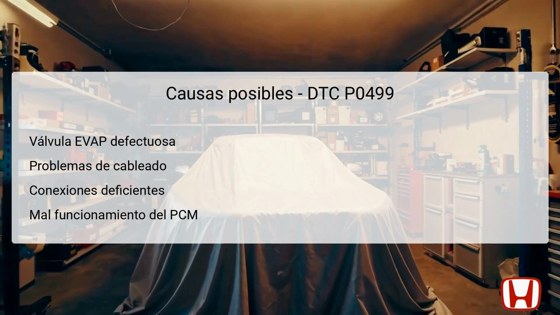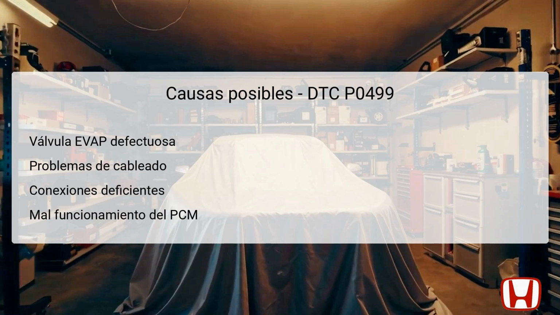First, a faulty EVAP canister vent shut valve itself may result in high voltage readings, necessitating inspection or replacement. Next, wiring issues such as frayed or damaged insulation can lead to erroneous voltage signals in the circuit.